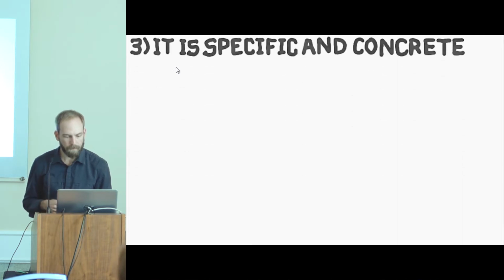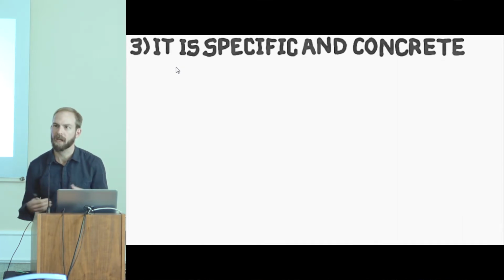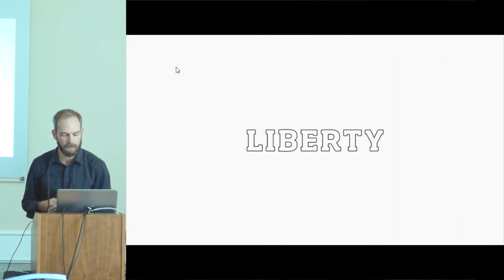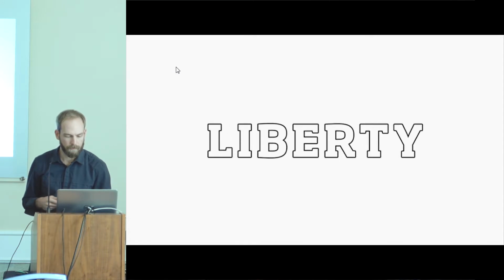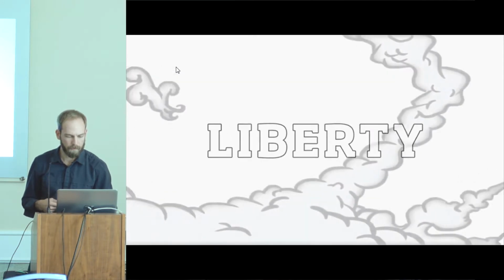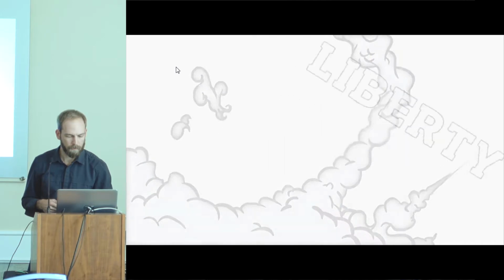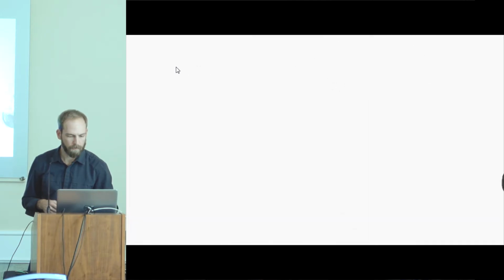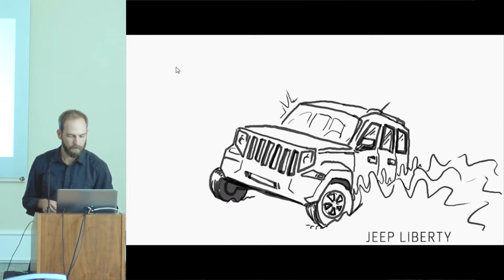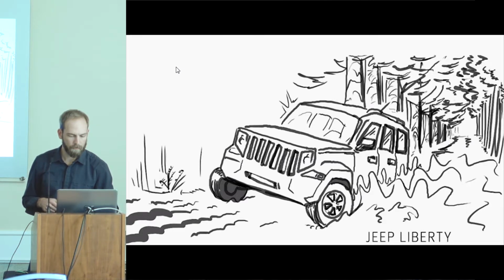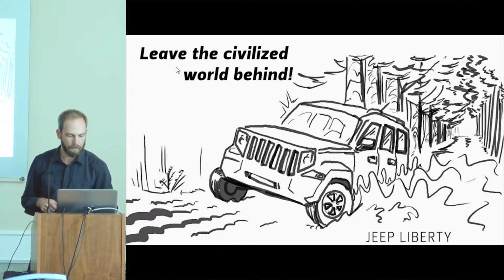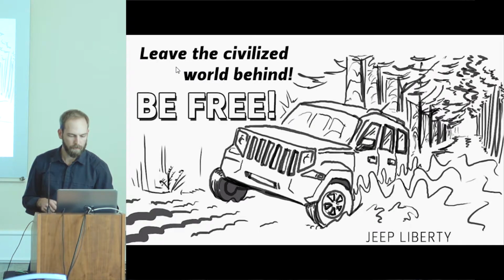3. It is specific These and are the concrete. tips that we gave to For students example, for selecting a the great concept artifact. of liberty isn't a good artifact because, well, it's not even an artifact. You can't point to liberty. However, a magazine advertisement for a Jeep Liberty that shows the SUV tearing through a forested wilderness, encouraging you to leave the civilized world behind and be free, is a specific text, an artifact you can actually point to and analyze.